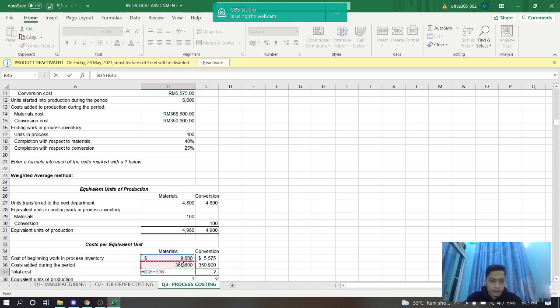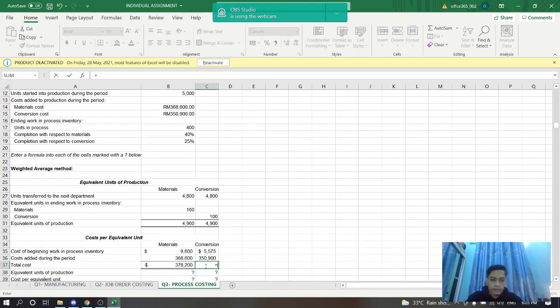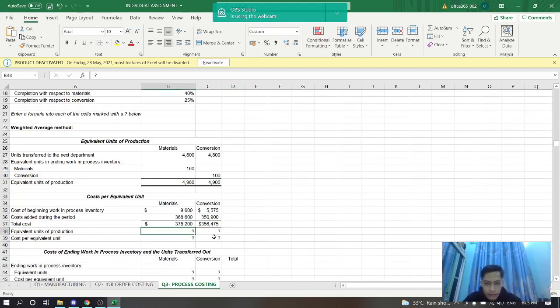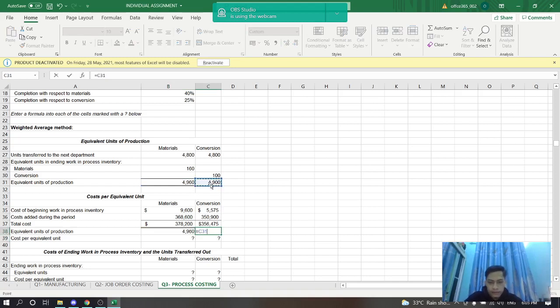Total cost is the sum of these two. Okay, next, equivalent units of production for the material and for the conversion.